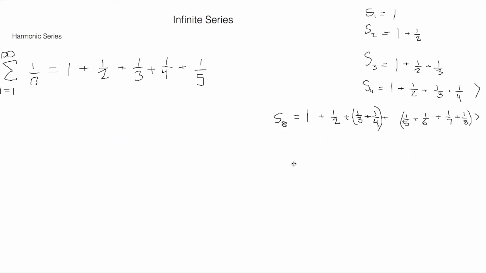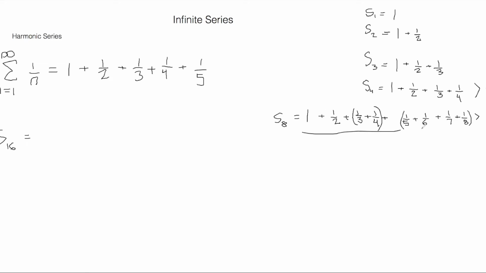So I want to do the same thing for s sub 16, the 16th partial sum. You might have noticed a pattern by now, a pattern that we can use if we're going from, for example, s sub 2 to s sub 4 to s sub 8, and then right now s sub 8 up to s sub 16. So we want to do something similar to what we've been doing so far. We still want to compare the first part of our partial sum with this 5/2.